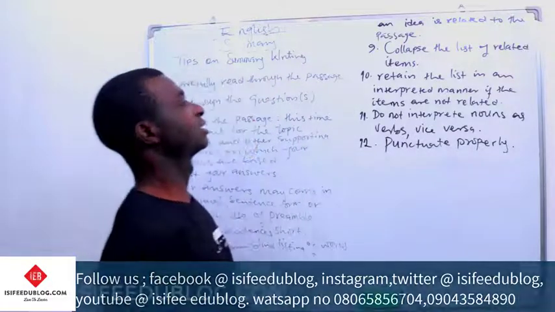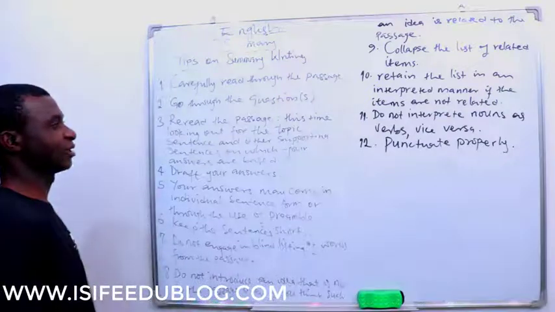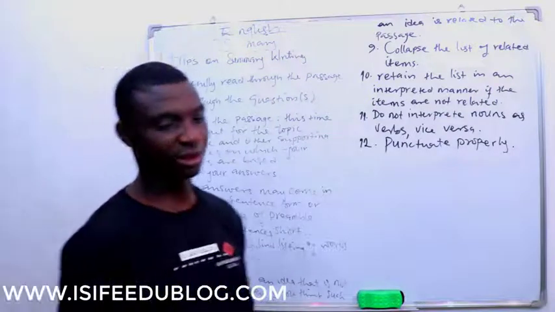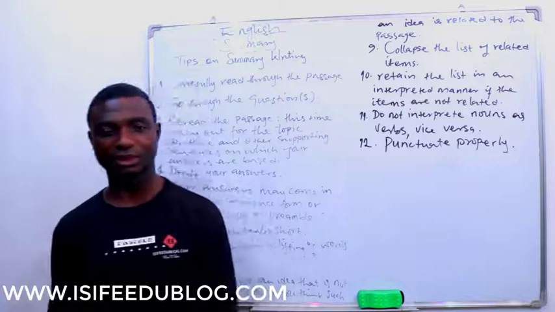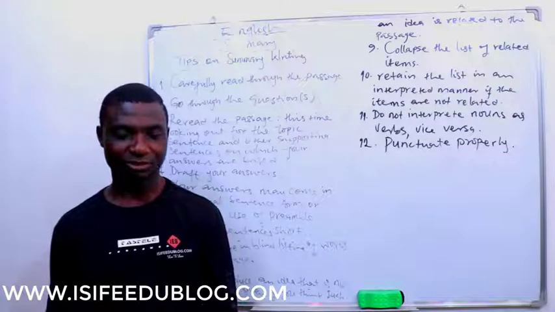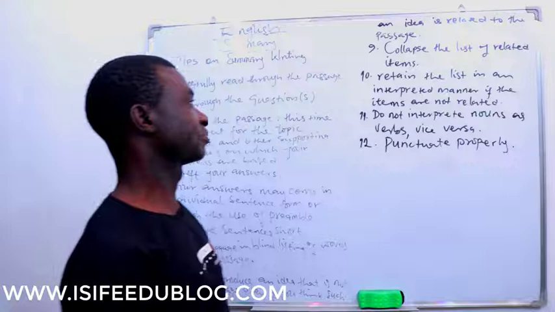Number 9 says, collapse the list of related items. What do I mean here?